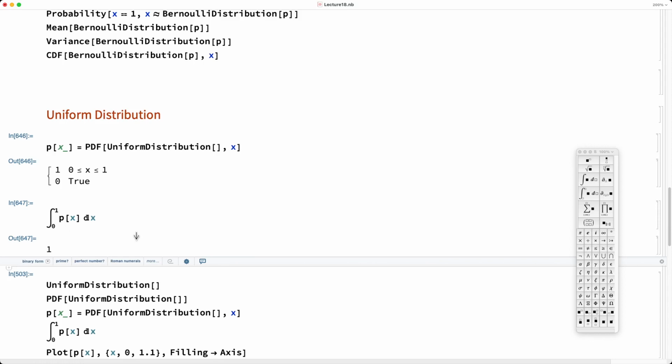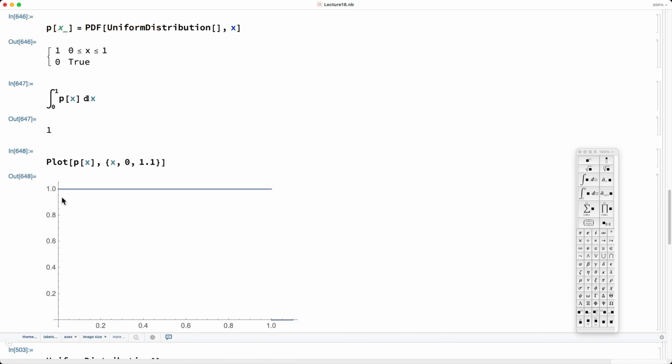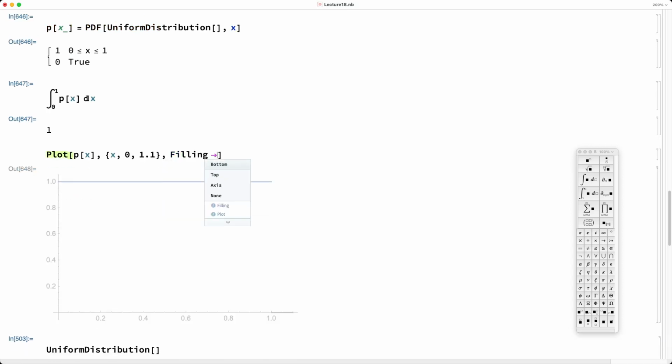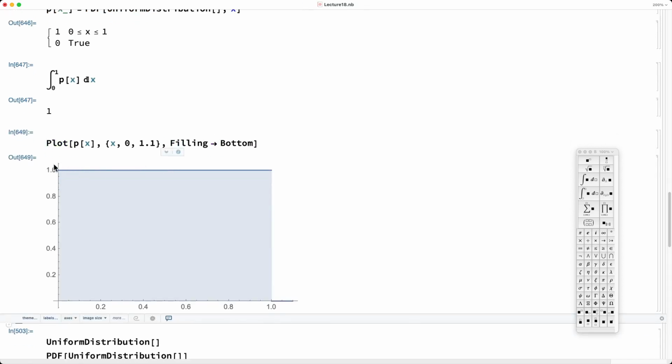We can also plot p(x) from 0 to, let's say, 1.1. Okay, and that's the probability. We can use the filling to make this more obvious. So that's p(x), and it's 1 between 0 and 1, and then it's 0 everywhere else.